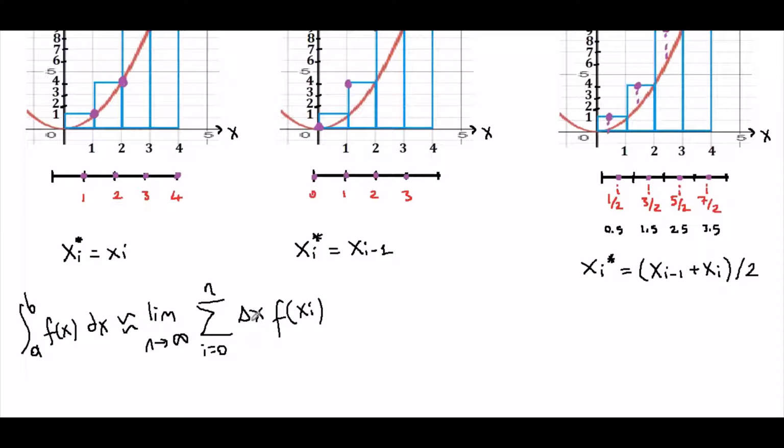Here our delta x is the width of each rectangle, and it is found by b minus a divided by n. b is the upper boundary, in our case it is 4.